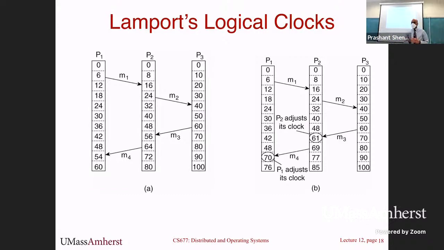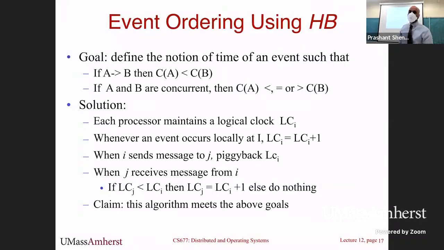So we will continue from where we left off last time. Just as a recap, we were talking about this notion of clock synchronization, and we talked about physical clocks, synchronizing physical clocks. Then I started discussing this notion of a logical clock, which is basically an integer that captures key events in a process.